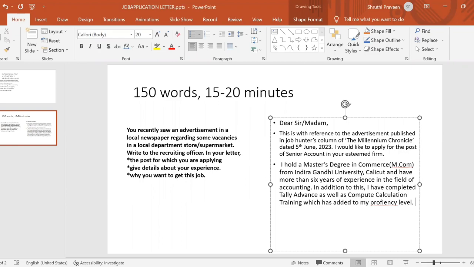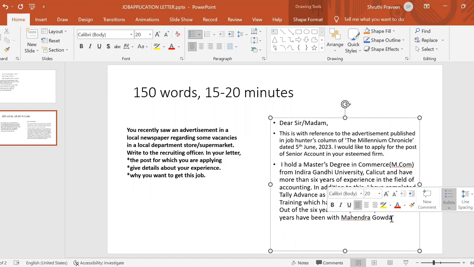Okay. Now you can talk about more details about your experience. Like you can talk about a prestigious firm that you have worked with. Out of the 6 years of experience, the last 3 years have been with some reputed company's name, so that it always carries weightage when you have worked with giant firms.